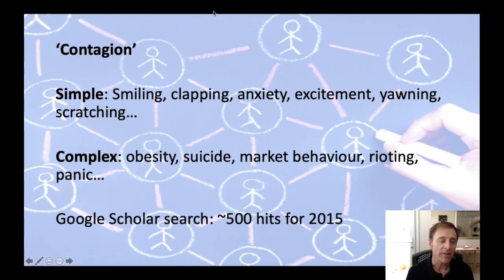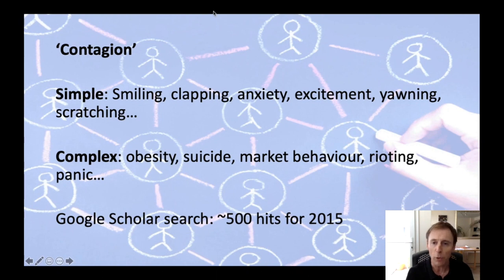And in fact, this idea is extremely popular in the social and behavioural sciences. We did a Google Scholar search a few years ago, and we found over 500 hits for articles with contagion in the title, and none of these were about contagion in the sense of disease.